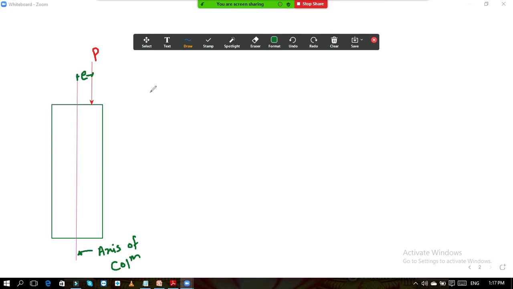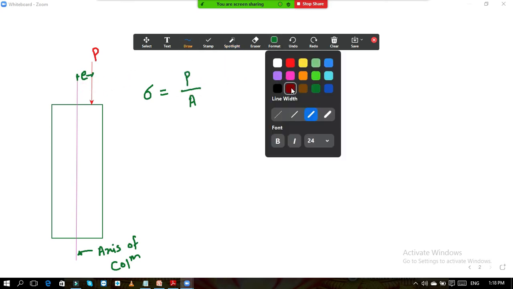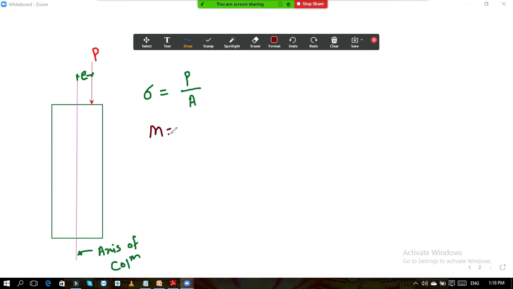Due to this load P, the direct stress sigma gets generated, which is P by A. Also, this load P will generate a moment along the axis, which is force into perpendicular distance, that is P into e.